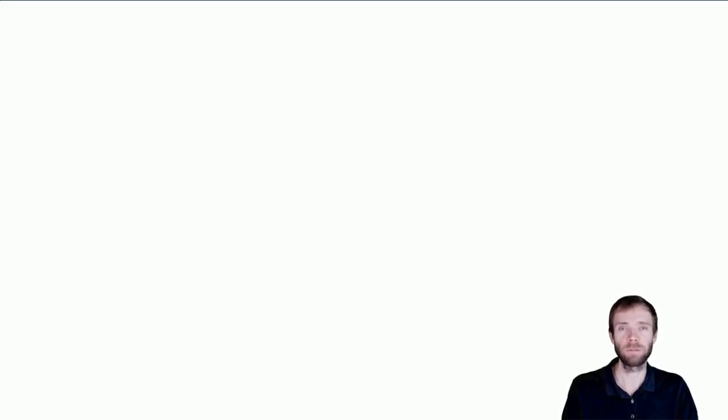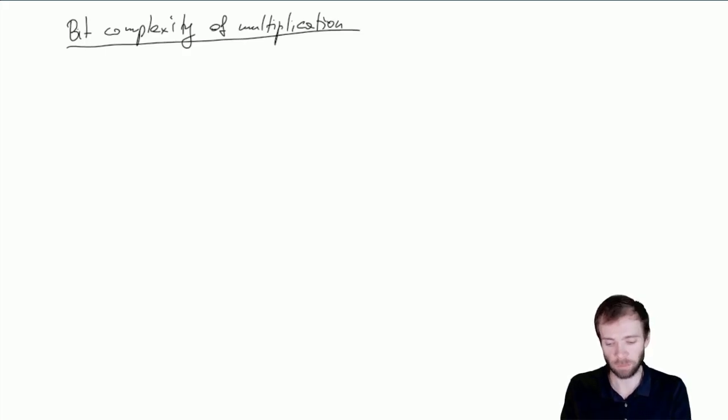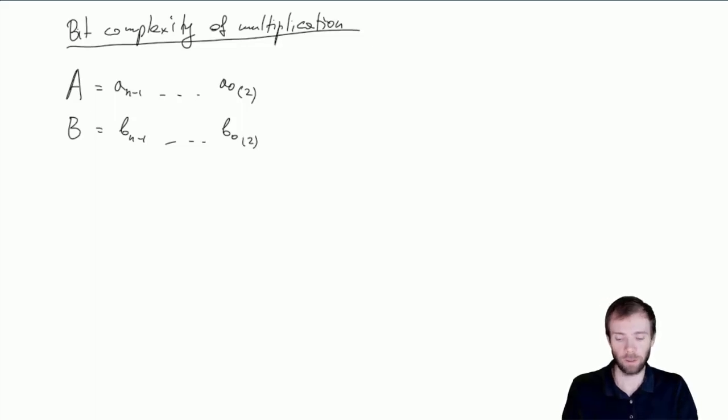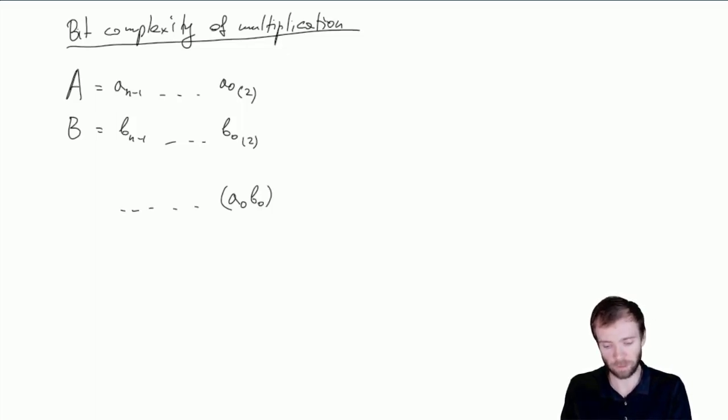So we start with bit complexity of multiplication for integer numbers. Take two numbers given in their binary form, a and b. Both of these representations are in binary. Now, if we use just the standard schoolbook method for multiplying these two numbers, we take the first of them and multiply by the rightmost bit of the second number, so we get a large string of bits like this.